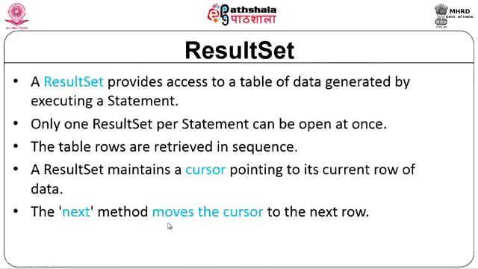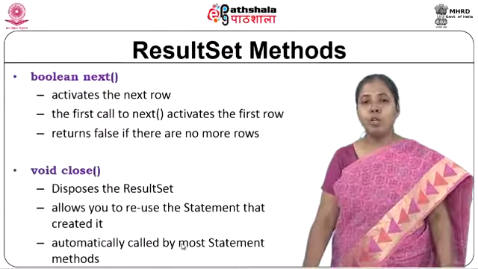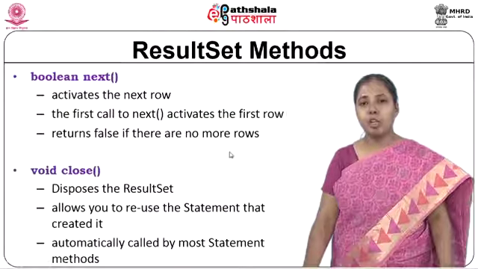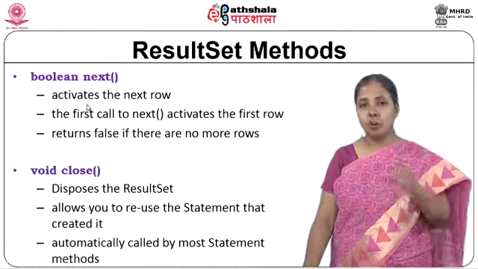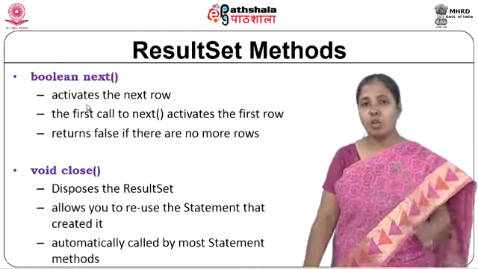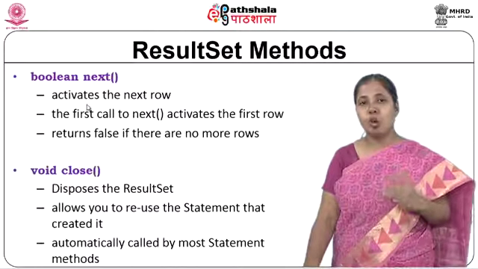In order to move the cursor in the result set, we have a method called next that moves the cursor to the next row. Now coming to the different methods that are supported in the result set. The result set provides you a table of rows, and you have a cursor using which you can process every row.